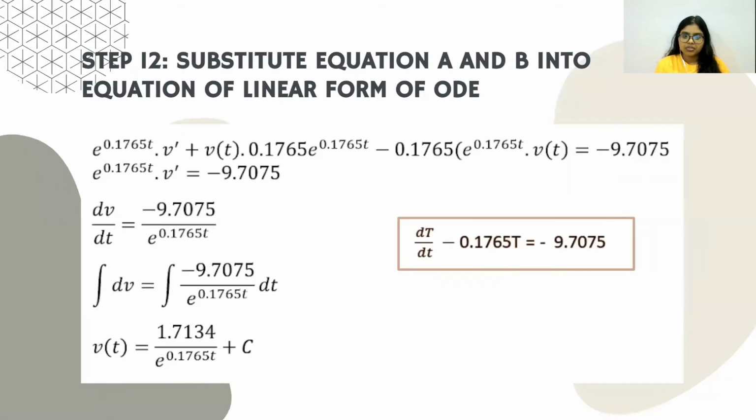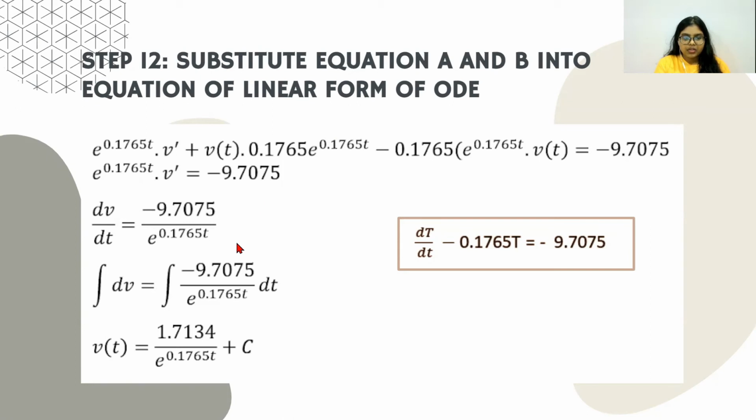Step 12 is to substitute equations A and B into the linear form of the ODE. So just now equations A and B, we will substitute back into the ODE from step 8, dT over dt minus 0.1765T equals negative 9.7075. dT over dt will be our equation B, and T will be our equation A. After that, we can see that this cancels off, and e to the power of 0.1765t times v prime will be equal to negative 9.7075.